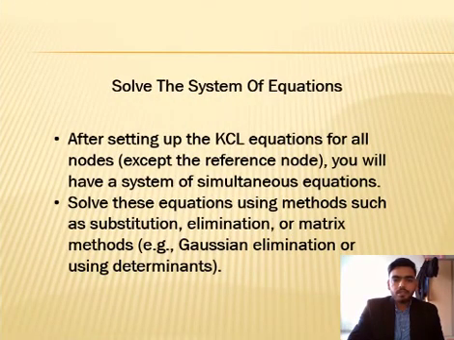Solve the equations. After writing the KCL equations for all nodes, you will have a system of simultaneous equations. Solve these equations using methods such as substitution or the matrix method.